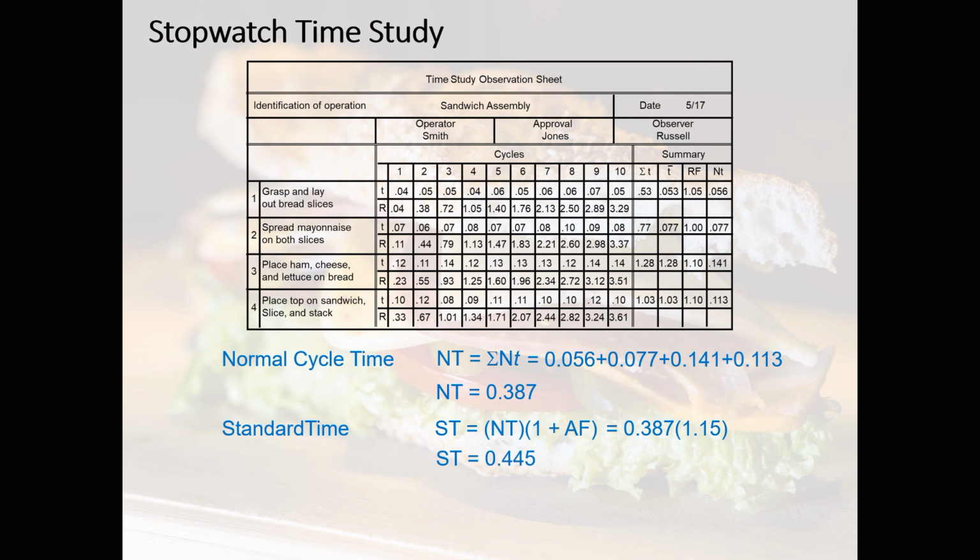So now we're going to get a standard time to go through one cycle of 0.445 minutes. Again, this is going to be our standard cycle time. This is a standard time to go through one cycle of a job, accounting for bathroom breaks and anything else that may interrupt a worker's day.